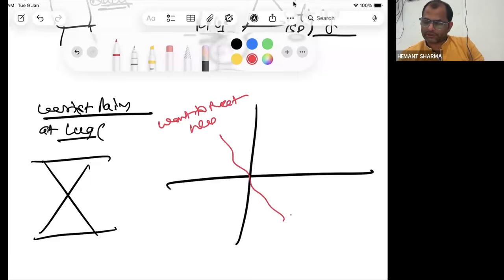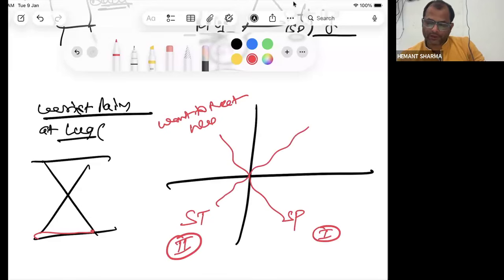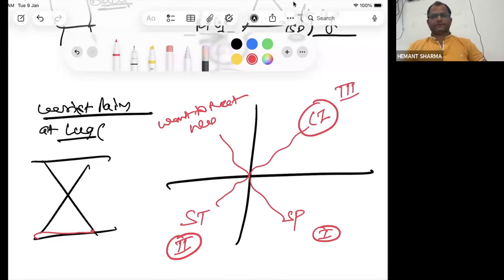I will take spleen. Then from here, I will take stomach. This is my first point. This is my second point. Then from here, I will take large intestine. This is my third point.